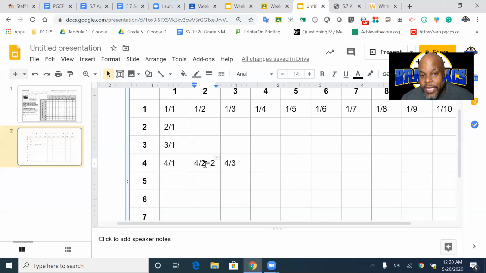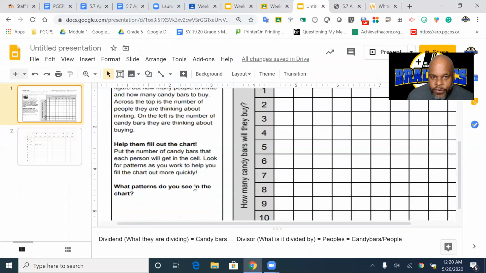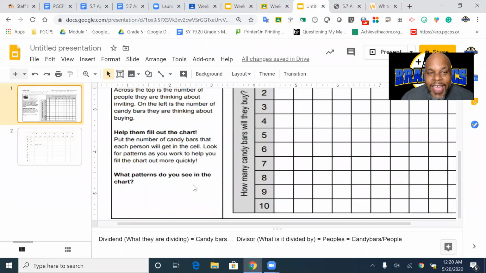So take some time, work on it, fill it out. For your reference, if you need to go back to the story, it's right there in the first slide. And we will talk about it on Monday. I'm excited to see what you have.